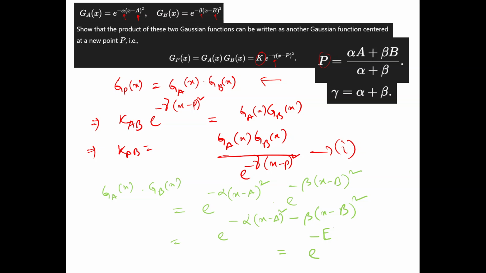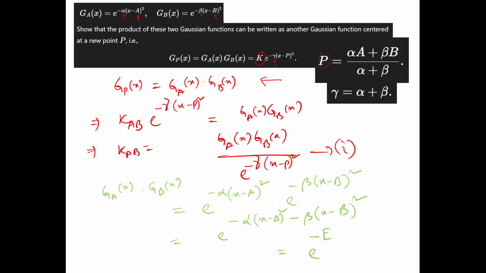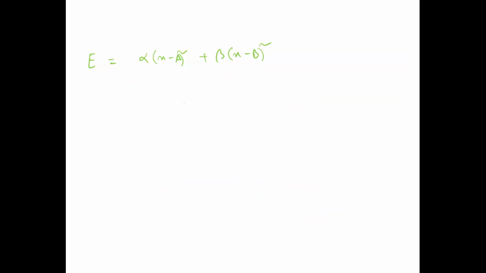This E is basically alpha (x minus a) square plus beta (x minus b) square, if you take the minus common. So this I am denoting as capital E.